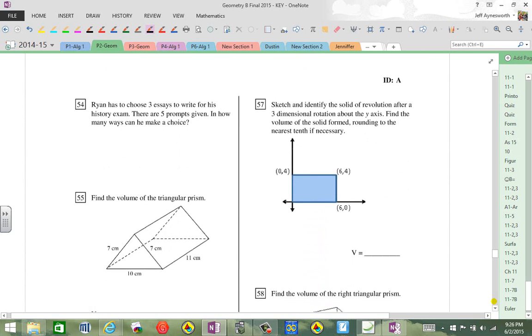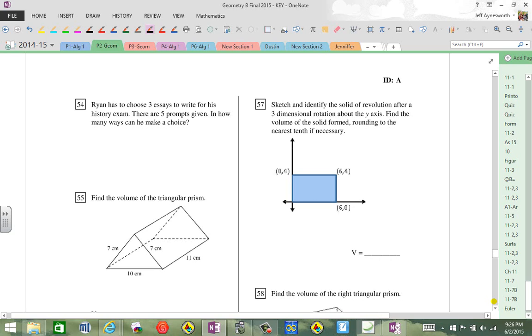Number 54. What do we have? So Ryan has to choose 3 essays to write for his history exam. There are 5 prompts given, and how many ways can you make a choice? Okay. So what do we do?